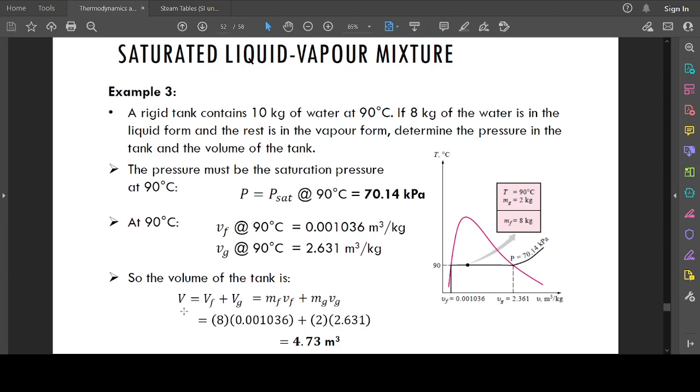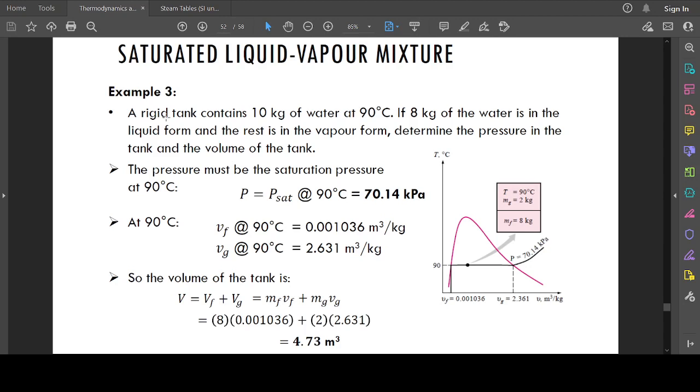The total volume is the mass of the liquid times the specific volume of the liquid, Vf, plus the mass of the vapor times the specific volume of the vapor, Vg. Since we know all these values, which we found from the steam table and the ones that are given, we can calculate the total volume of the tank with that.